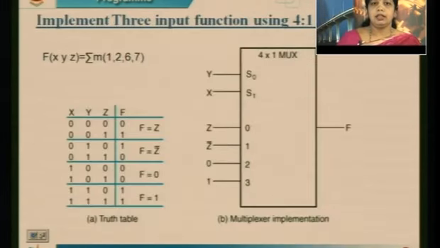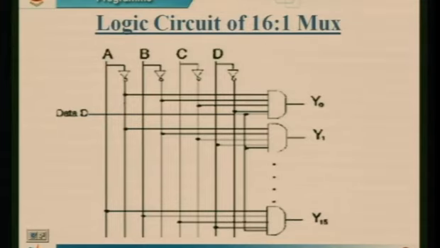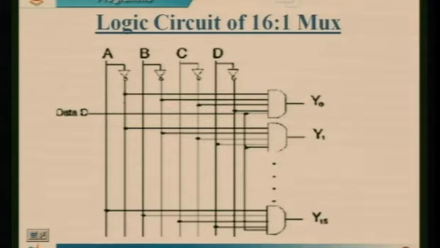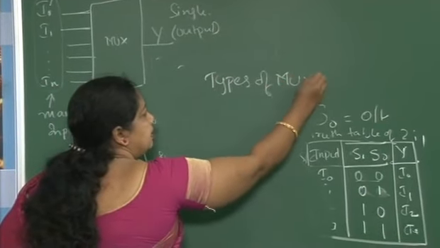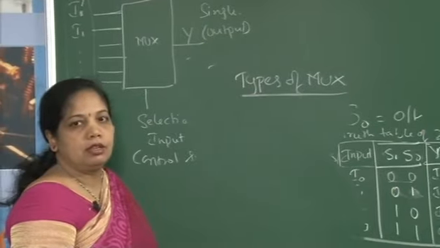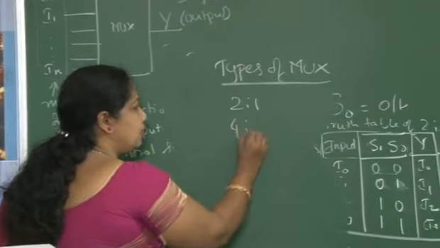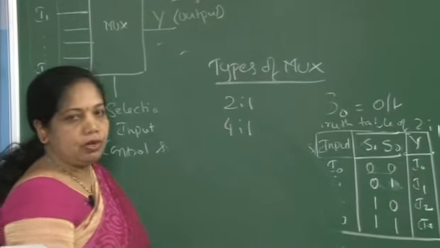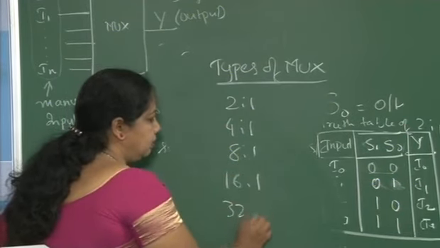Similarly, I can generate a 16:1 mux, an 8:1 mux. We have got types of multiplexers. So, let us discuss types of multiplexers. Multiplexer is also termed as mux. We have 2:1 mux, 4:1 mux, 8:1 mux, 16:1 mux, 32:1 mux.